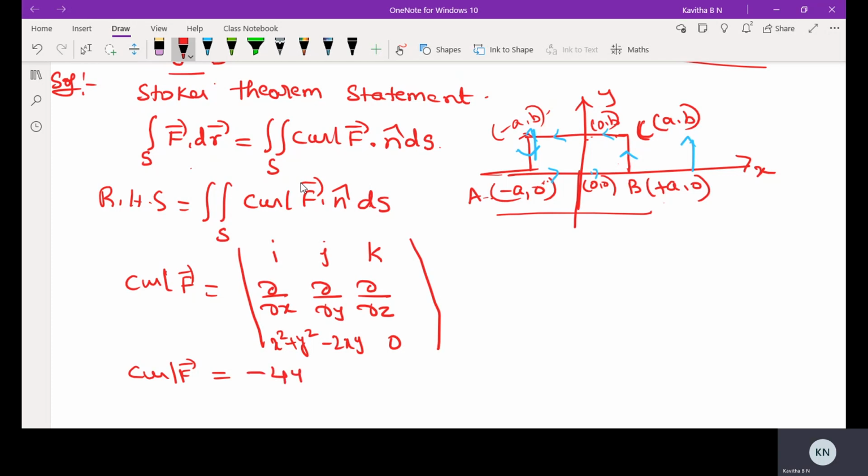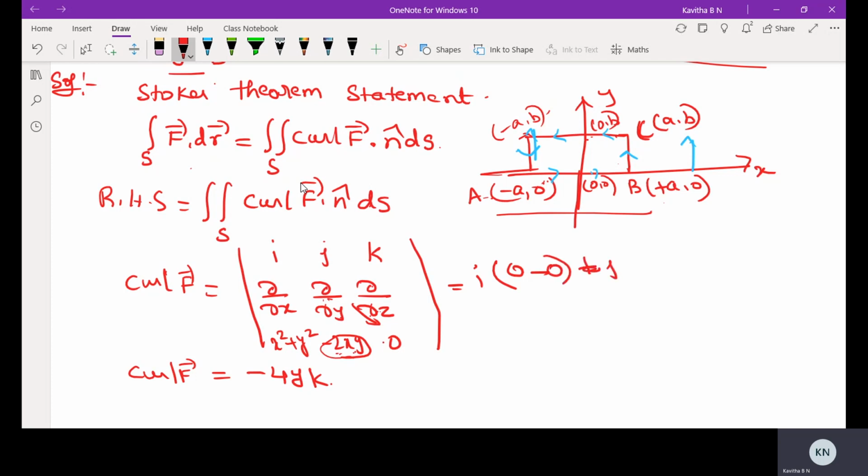We are getting minus 4yk. How to simplify: i into del by del y into 0 is 0, minus del by del z into minus 2xy. Partially differentiating with respect to z, the z term is not there, it is constant, so it becomes 0.